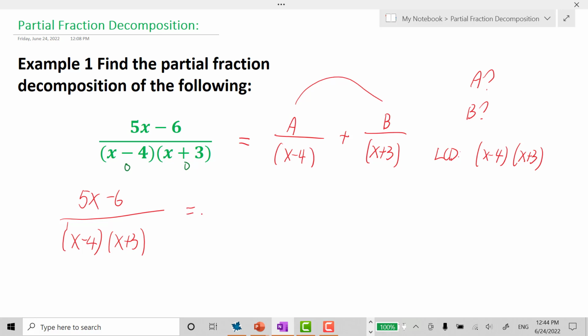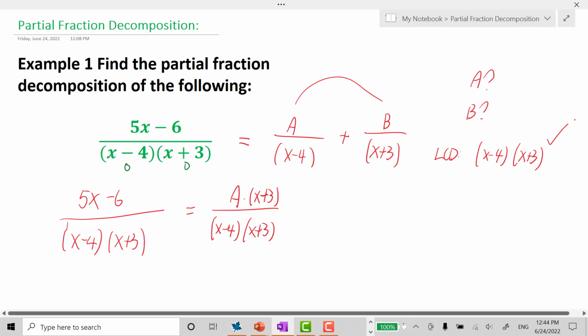On the right-hand side, for the first fraction, we're going to multiply both top and bottom by the missing linear term, using the LCD. We're just checking what is missing. For the second part, we multiply both top and bottom by x minus 4.